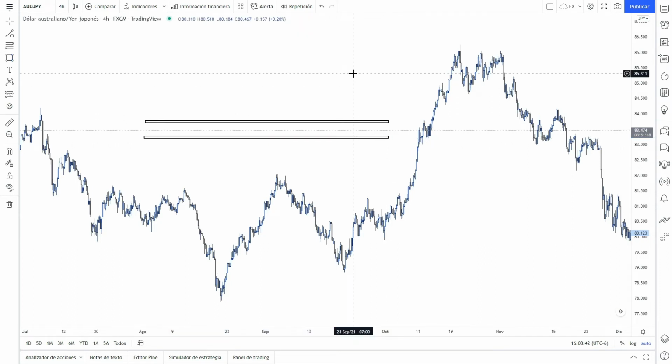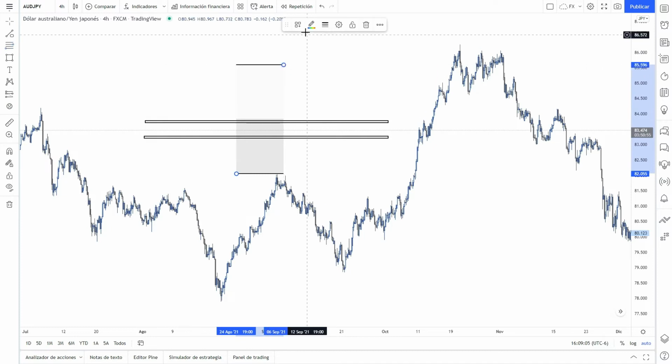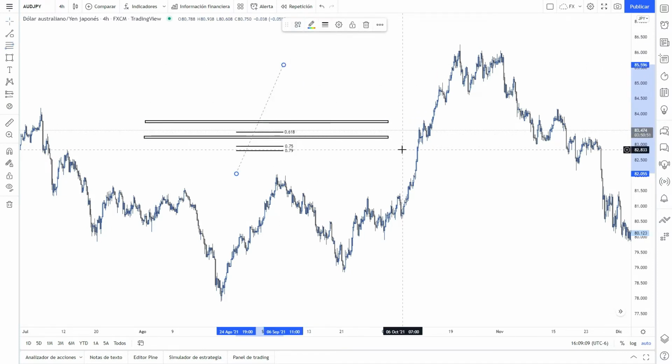I also use the Fibonacci tool, but I want you to understand that I use them not to place entries. I don't place entries based on support and resistance levels. I don't place entries because the market hit my 61.8 level, the magic number. No, I don't do it like that.